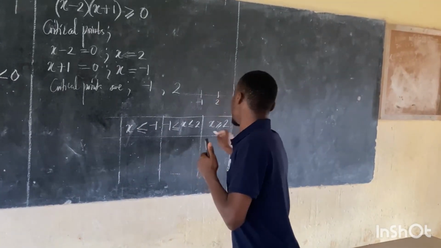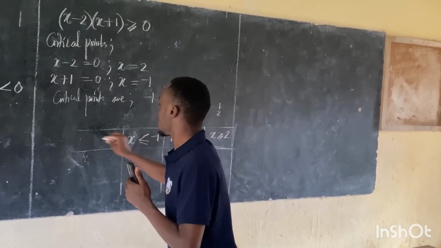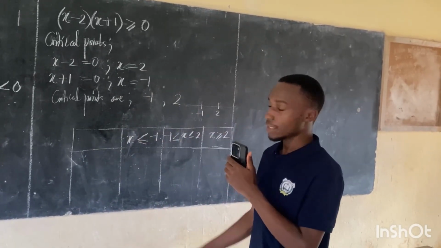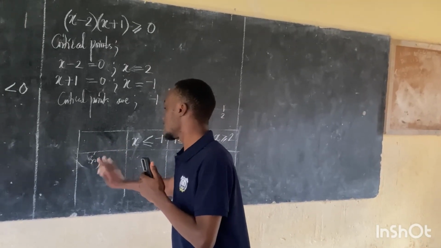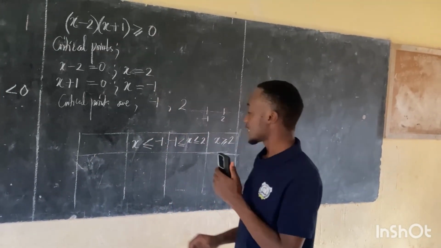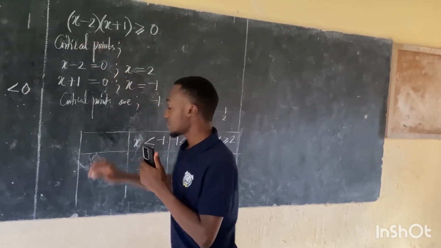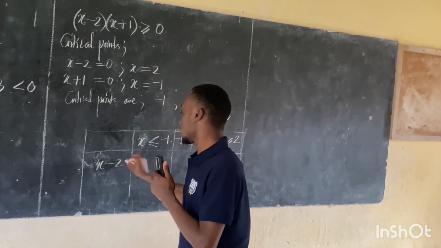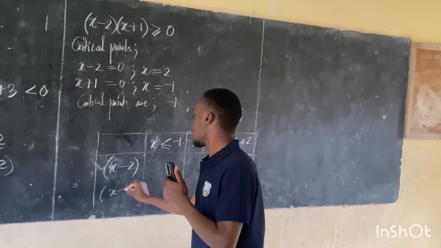And these regions, we are going to test them in terms of sign change concerning these 2 brackets. So I will directly put here x minus 2 and x plus 1.